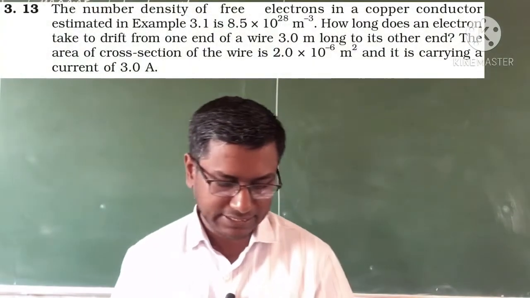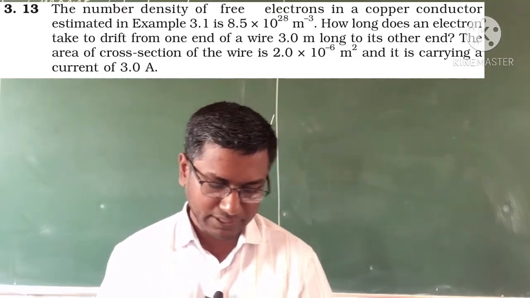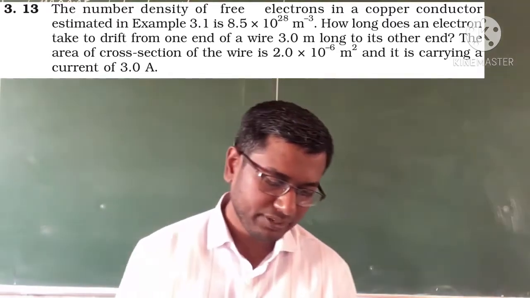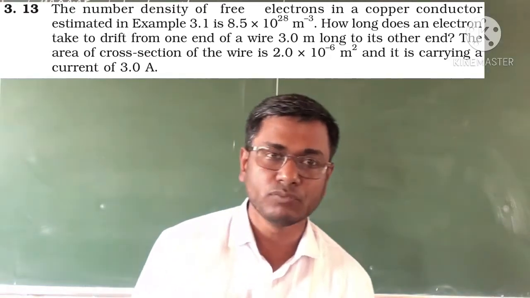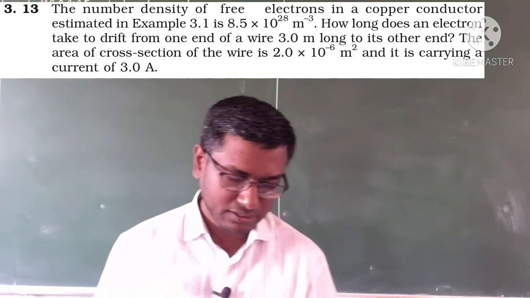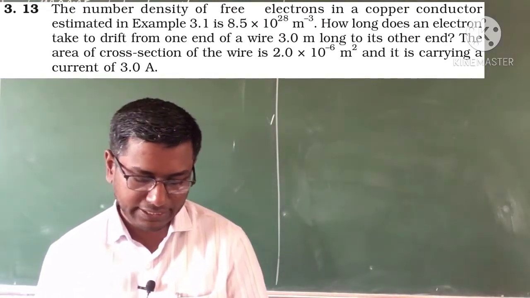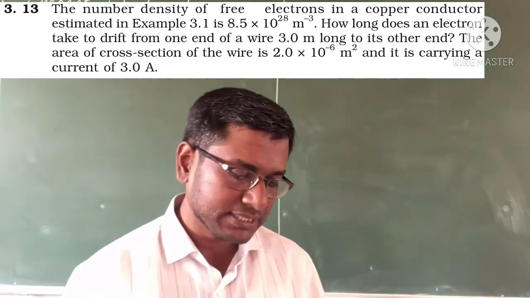The number density of free electrons in a copper conductor is estimated as 8.5 into 10 to the power of 28 per meter cube. It is given per volume. How long does an electron take to drift from one end of a wire 3 meter long to its other end?